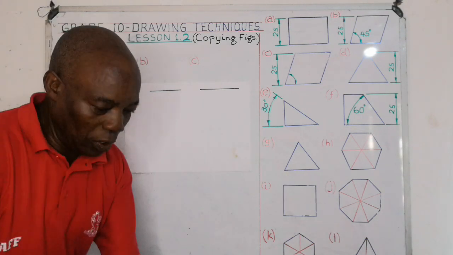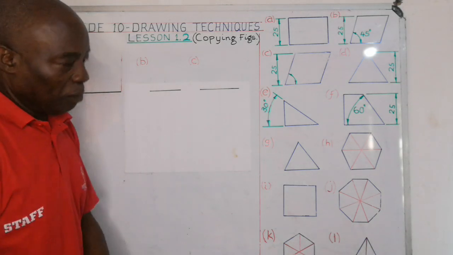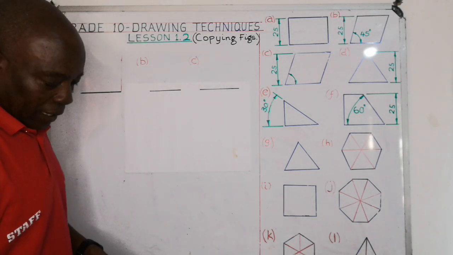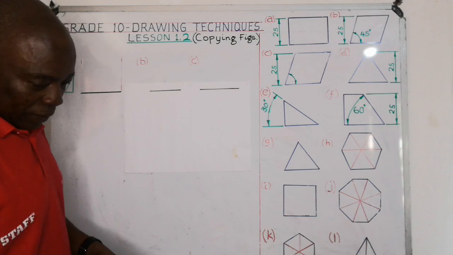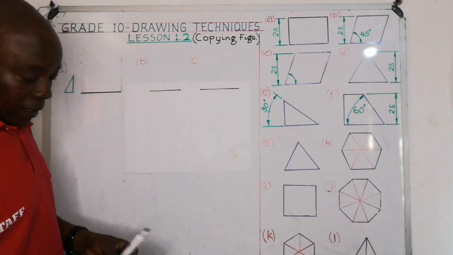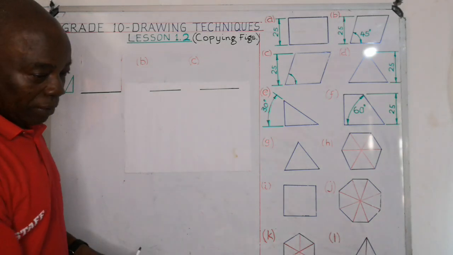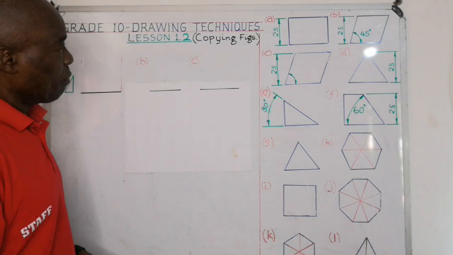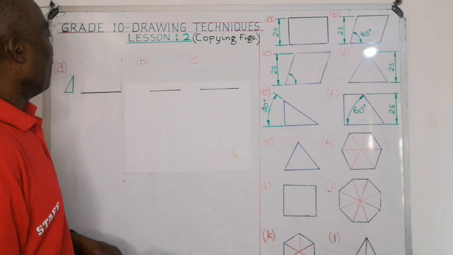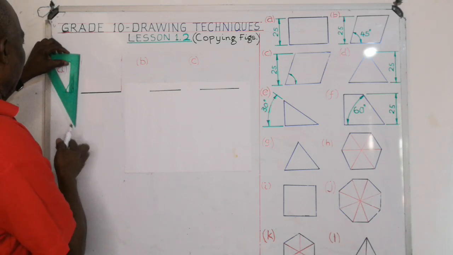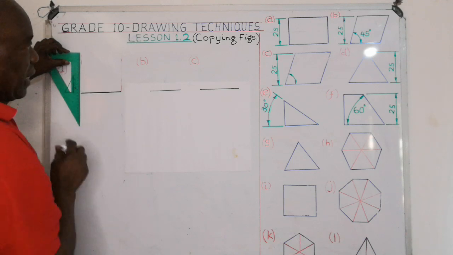You use your ruler to measure, or you can mark off using a pair of dividers. You mark off 25 from the ruler, or you can just measure it directly there, 25 millimeters.